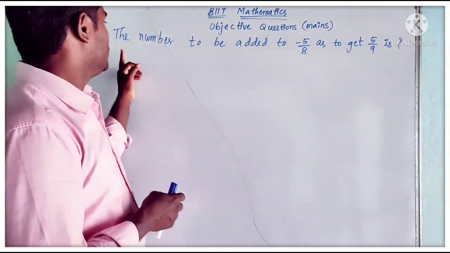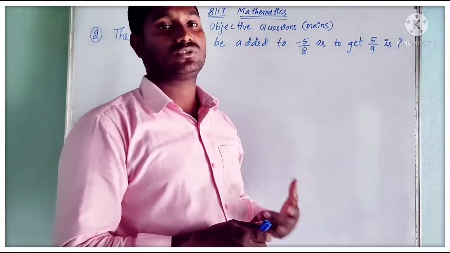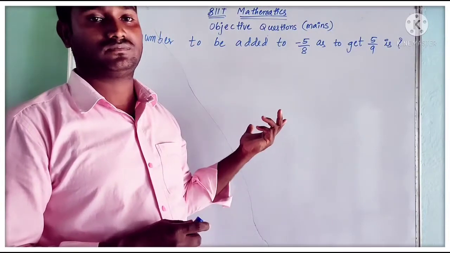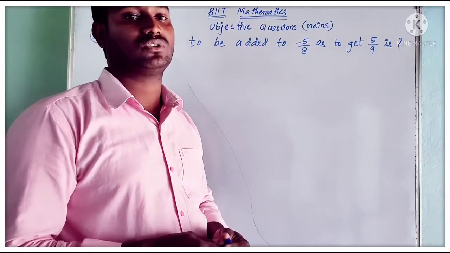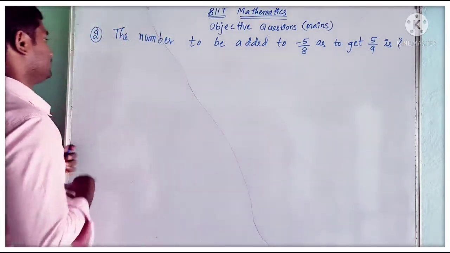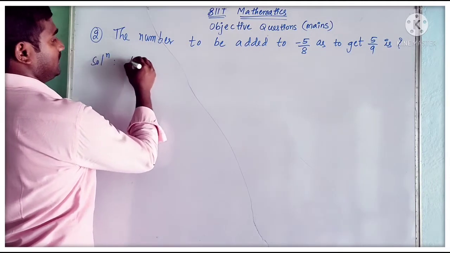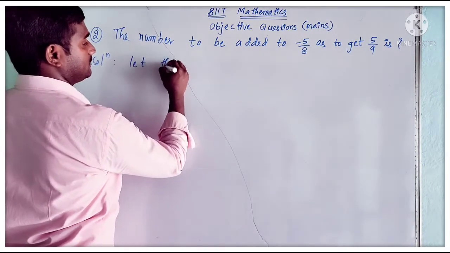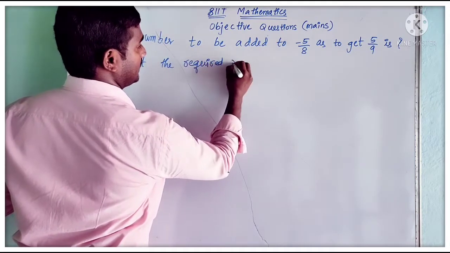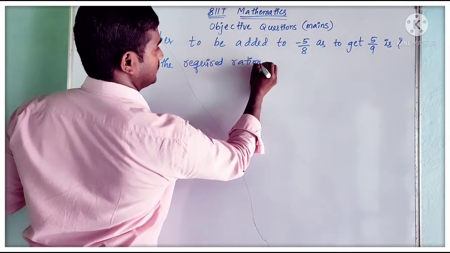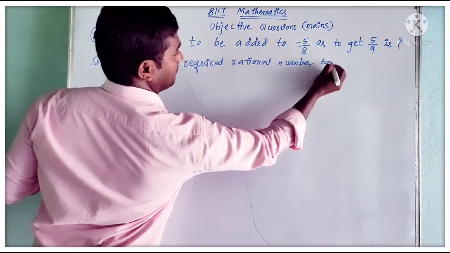Similarly, the number to be added to minus 5 by 8 so as to get 5 by 9 is. That required number we don't know. Some number we need to add to minus 5 by 8. So let the required rational number be x.